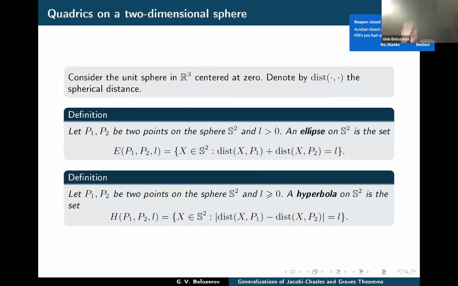Okay. Let's define quadrics on the sphere. What is a quadric? We can go by the classical way.